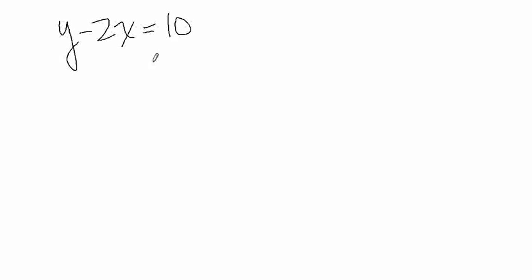I want a line parallel to the line corresponding to this linear equation, but I want the specific parallel line that goes through the point 1 comma minus 3. If you like, you can pause the video and try to solve that now. I'll go ahead and do it as well.